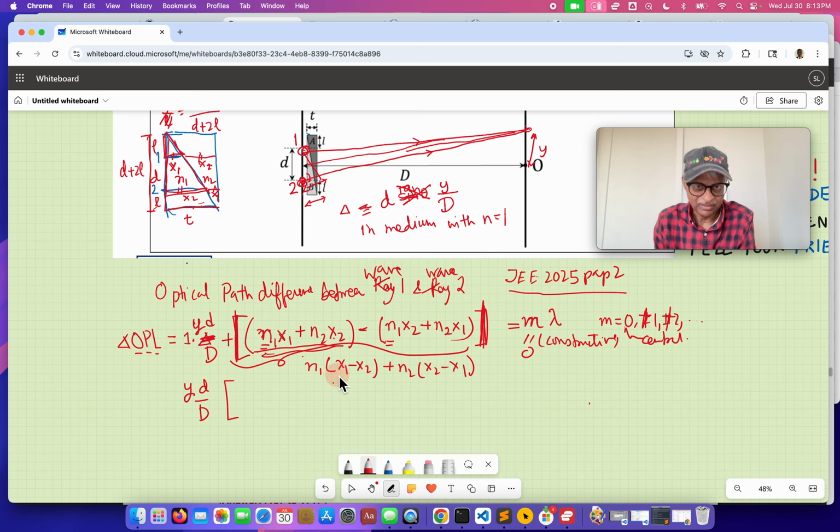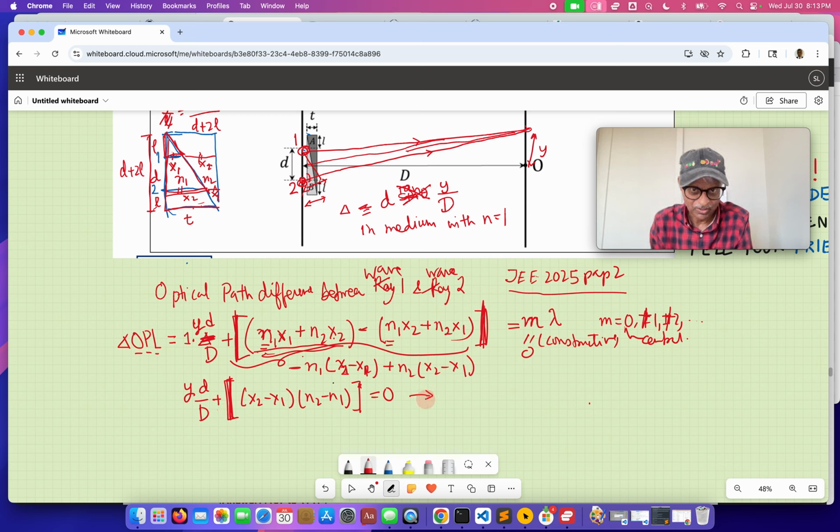If we write this guy also as x2 minus x1 by bringing the minus here, then take x2 minus x1 common, it's going to be x2 minus x1 times (n2 minus n1) equal to 0.